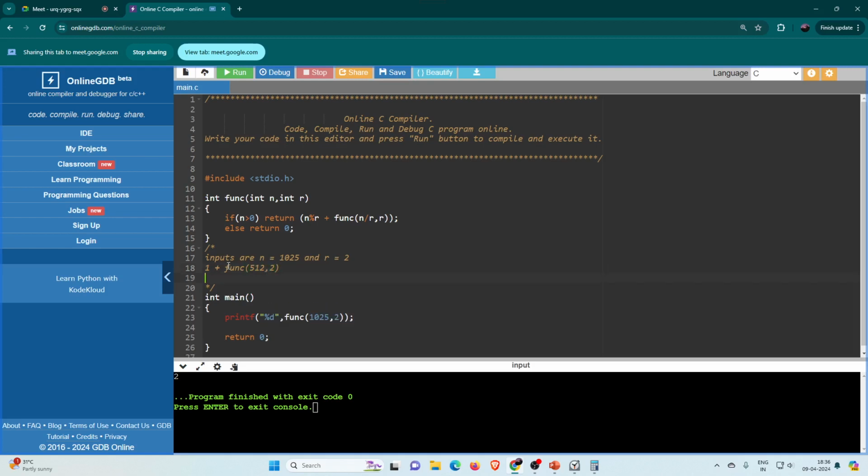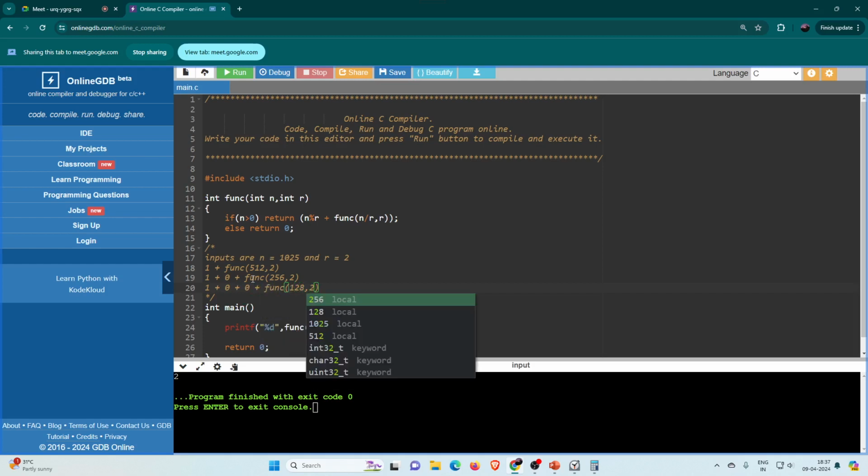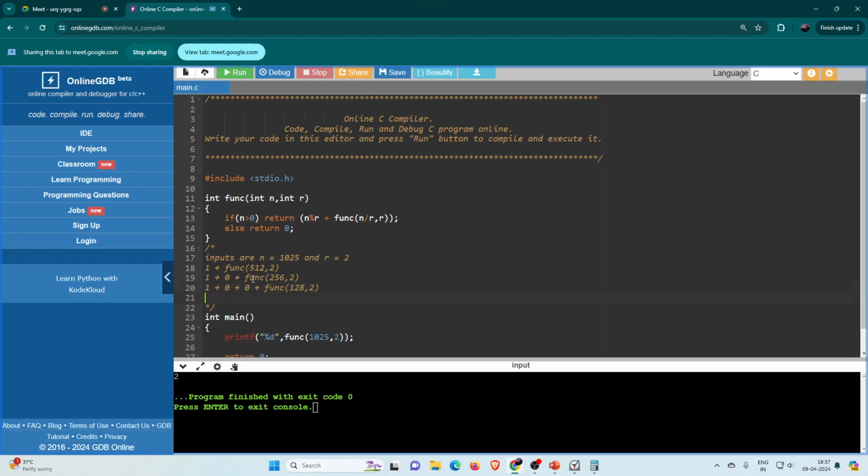I'm doing this again: 1 plus, and 512 mod 2 is 0, because it is a multiple, plus func(256, 2). Now I'll do 1 plus 0 plus 0 plus func(128, 2). So 1 plus 0 plus 0 plus 0 again, func.